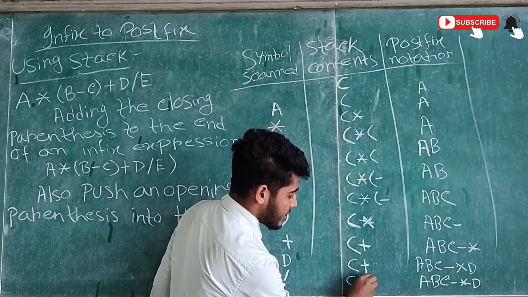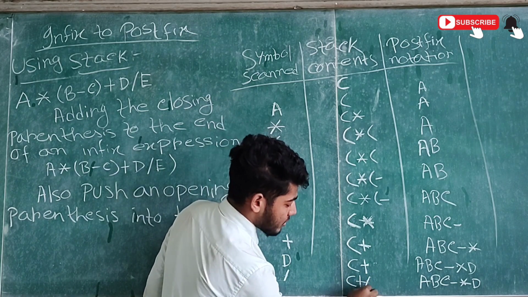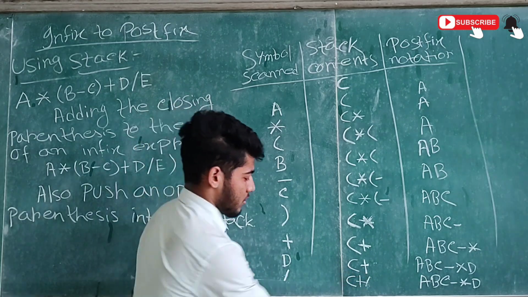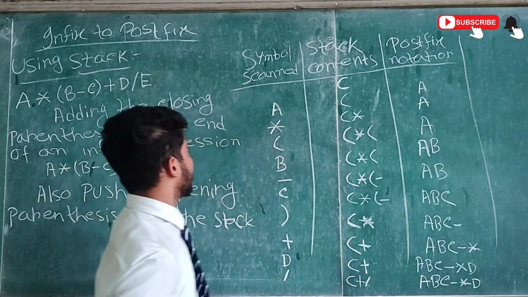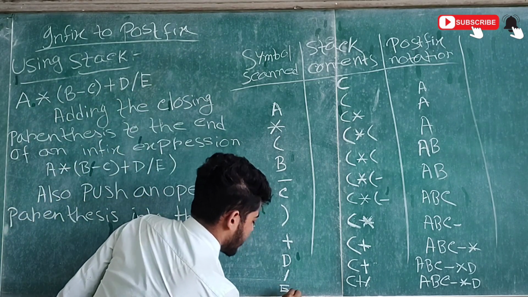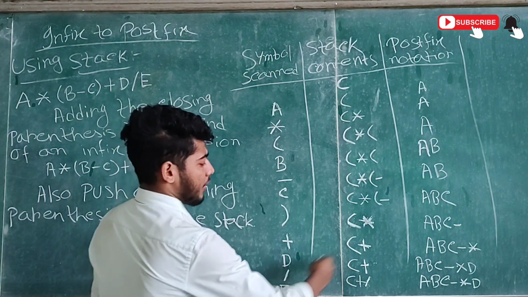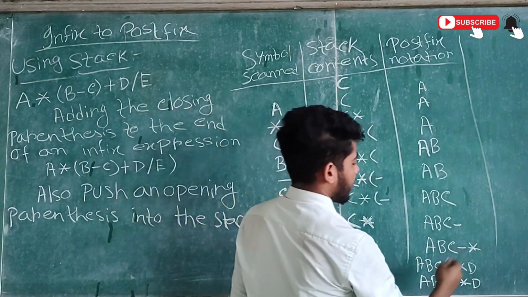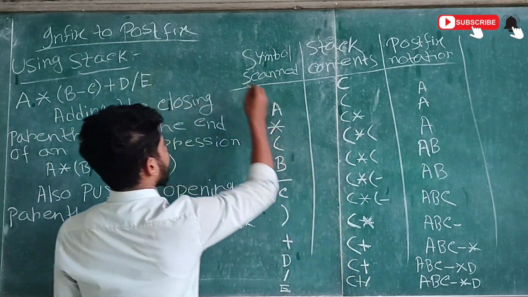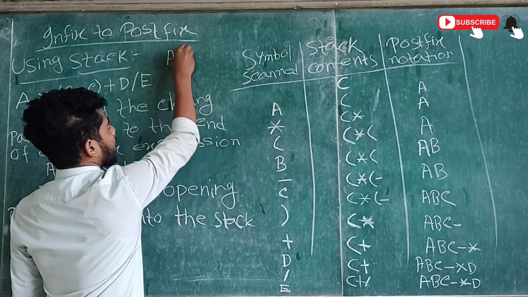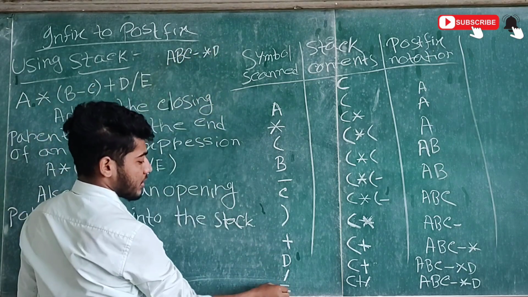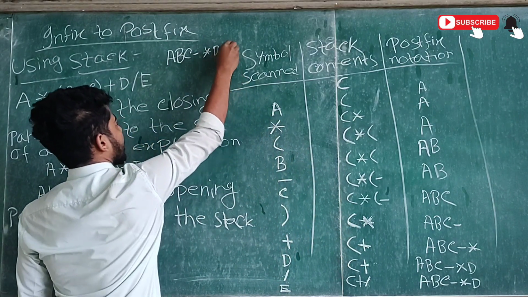So here the highest precedence is divide, so divide is on top. Now E is an operand, so it will directly be added to the postfix. I write it down here: A, B, C, minus, D, and next is E, directly added here.